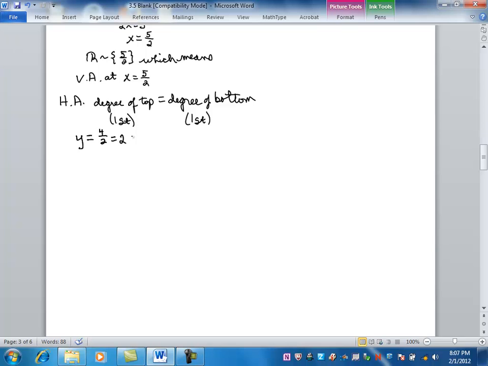And you say, well, how do we figure out whether we're going to cross that horizontal asymptote or not? Well, what we're going to do is set the function equal to the equation of our horizontal asymptote. So 2 equals 4x over 2x minus 5. Now we're going to solve that by multiplying both sides by the denominator.